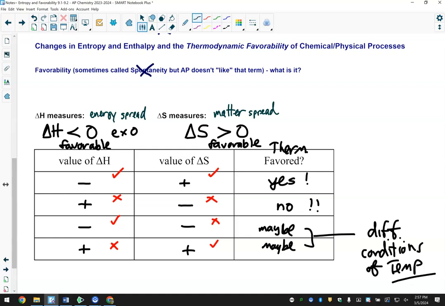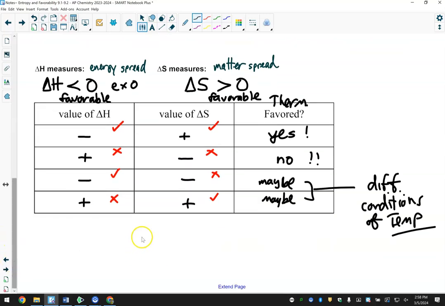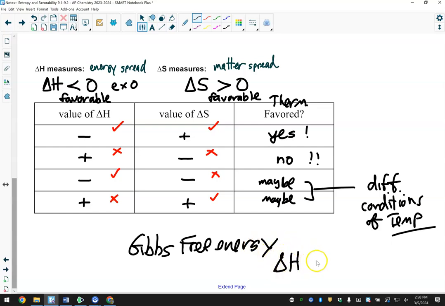For these, where one is favorable and one is not favorable, we're going to have to rely on something called the Gibbs free energy. I'll give you the equation so you can see how it works.